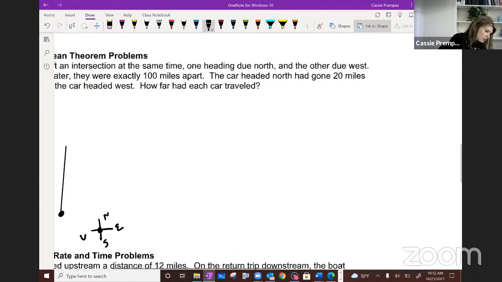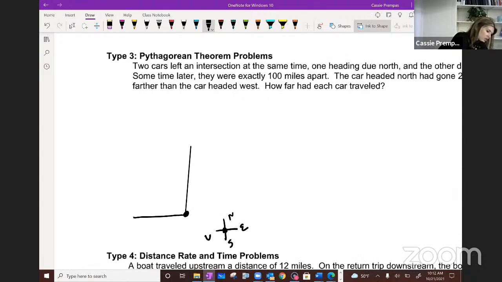One heading due west would be heading this direction. And it says after some time, they were exactly 100 miles apart. So if I have one little car over here and another little car over here, that distance would look like that.